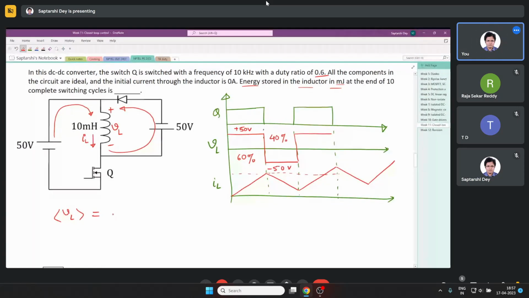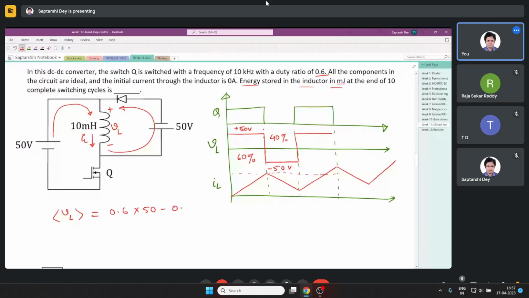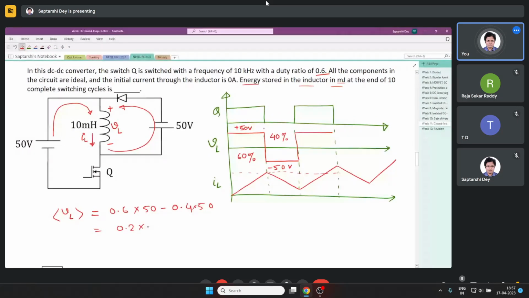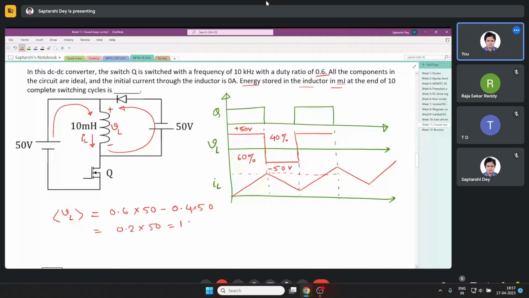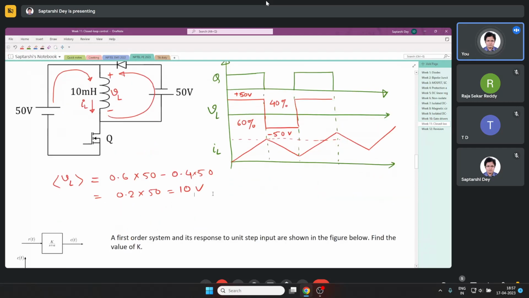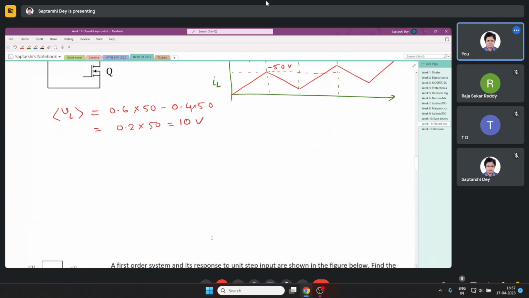That is 0.6 times 50 minus 0.4 times 50, so 0.2 times 50, which is 10 volt. So we can say that only a 10 volt source is connected.